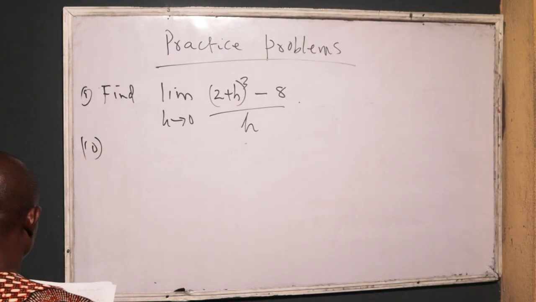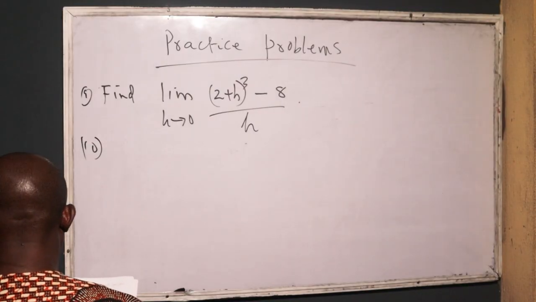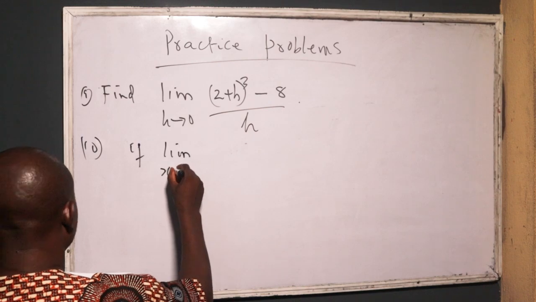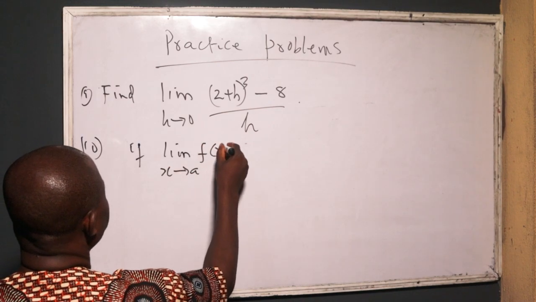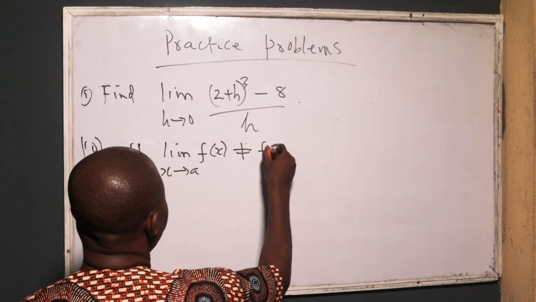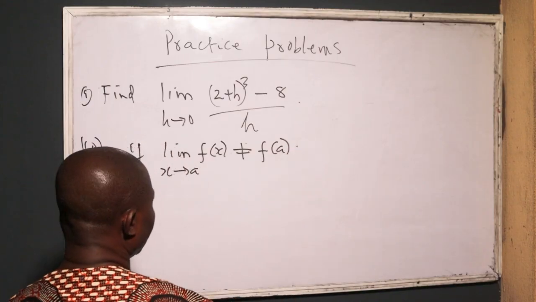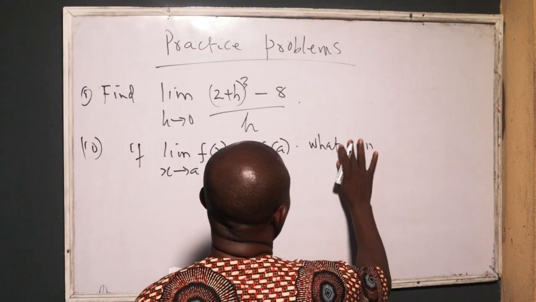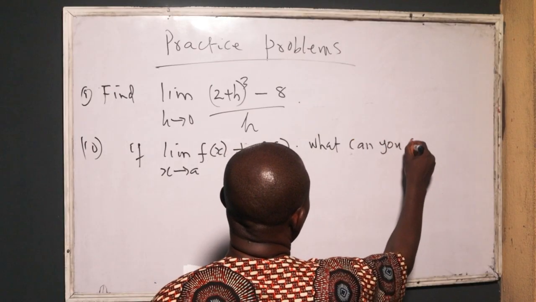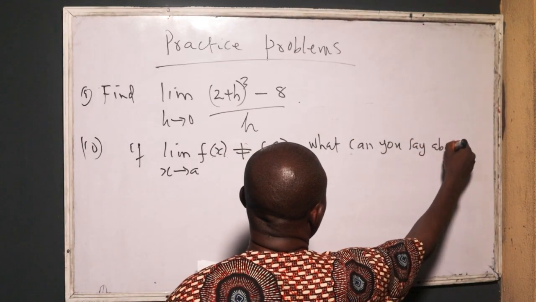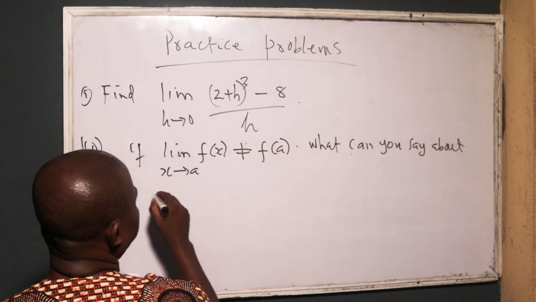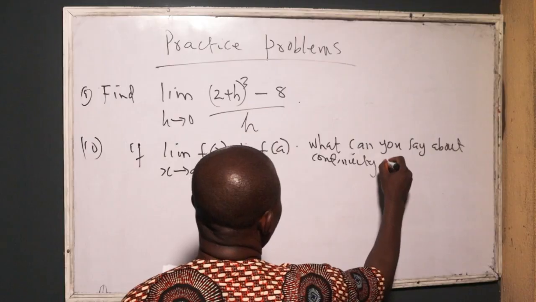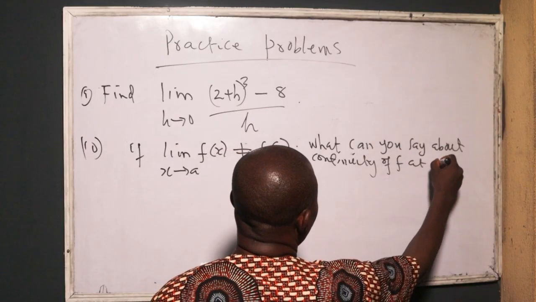It says if the limit as x tends to a of f of x is not the same as f at a, what can you say about the continuity of f at the point a?